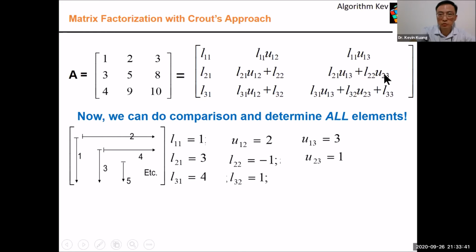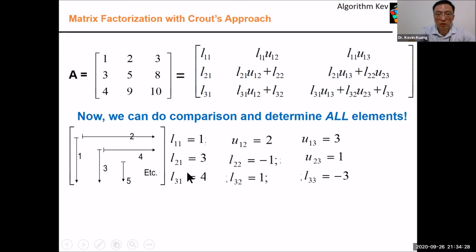And therefore, U23 will have to be a 1. So when you sum that up, it must equal 8. And finally, the summation of this whole thing will be 10. So by just simple calculation, we can obtain L33, which gives us the value of -3.